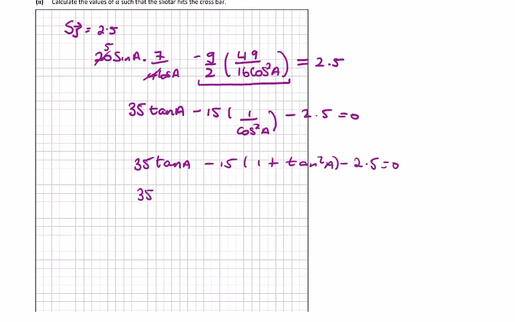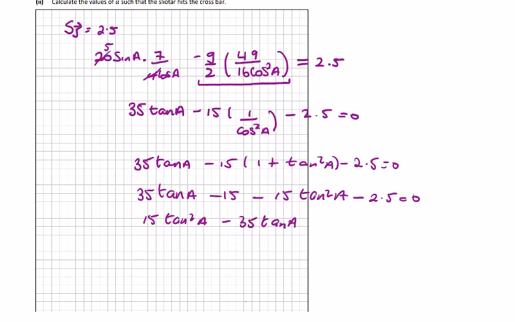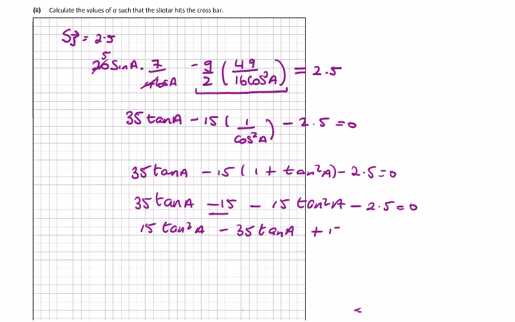So 35 tan α minus 15 tan squared α minus 2.5 is equal to 0. Multiplying by minus 1, we're going to get 15 tan squared α minus 35 tan α, and the minus becoming a plus 17.5 is equal to 0.